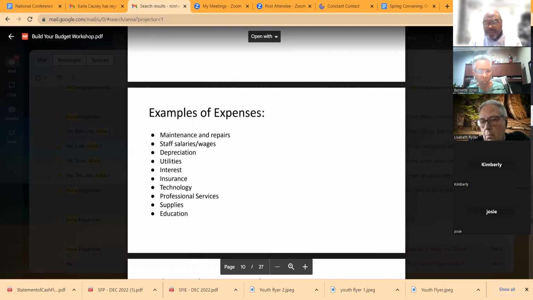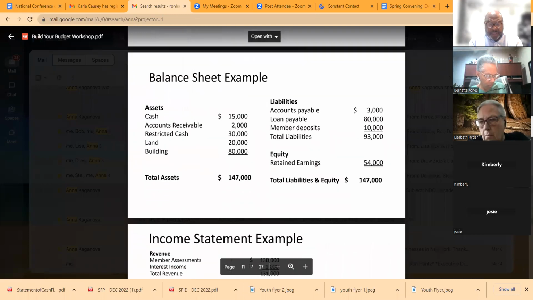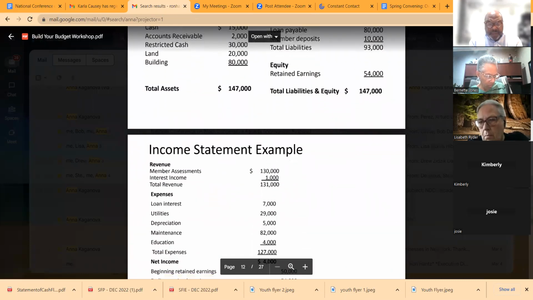And you can come up with a whole list of expenses in terms of your operations. Expenses could be broken out in terms of education that you receive and education that you're receiving. So yeah. So the income statement.